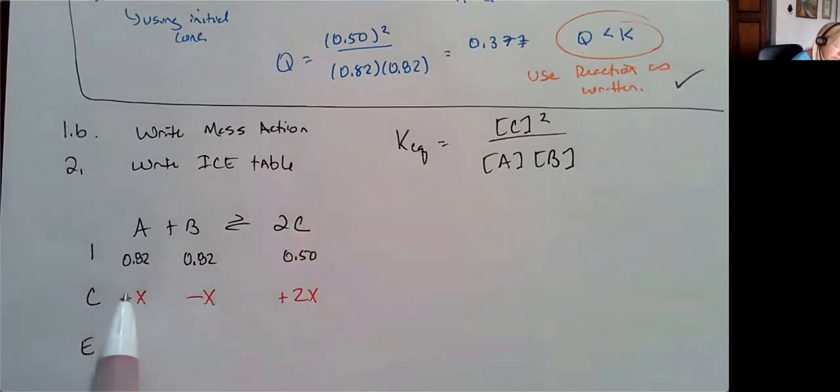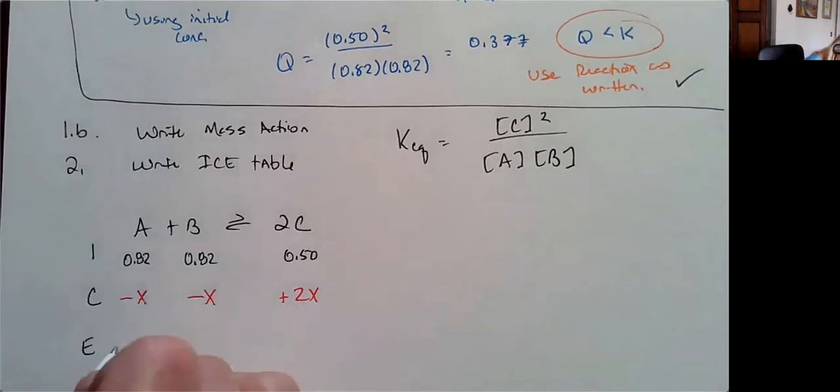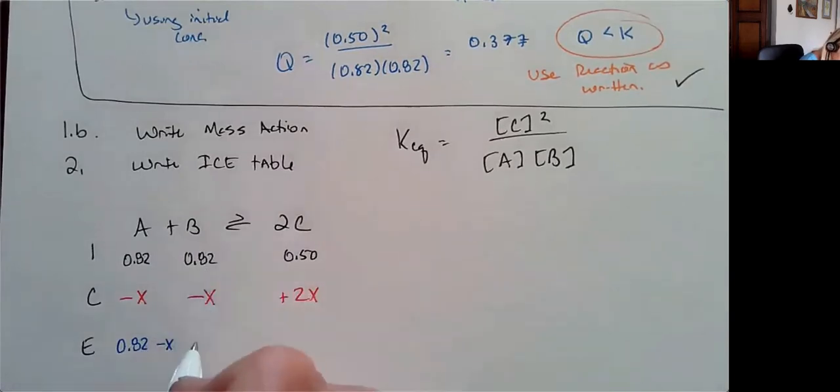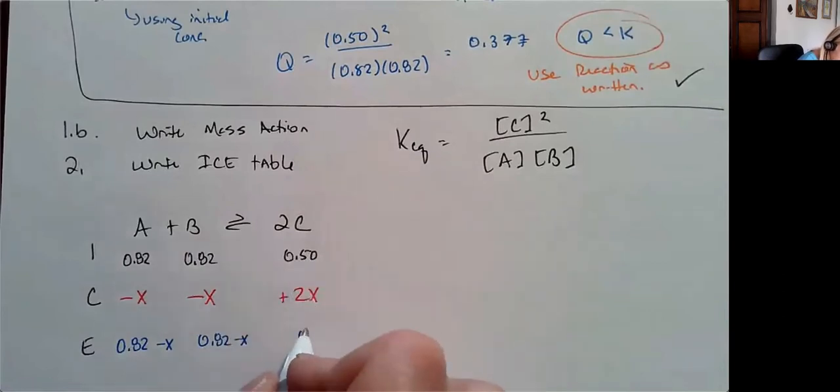And this is all coming from the stoichiometry. This is a 1 to 1 to 2. So for every one of these that is going to react, 2 of these are going to be made. So that means my equilibrium concentration for A is going to be 0.82 minus whatever X is. B is going to be 0.82 minus X, and C is going to be 0.50 plus 2x.